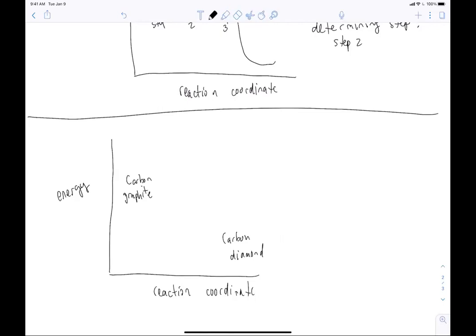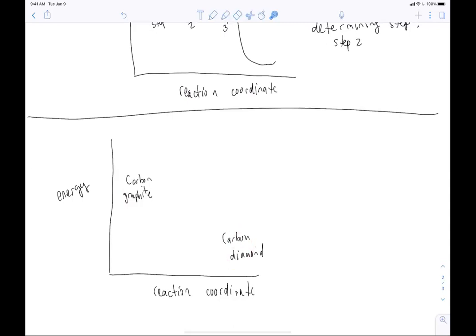Diamond is very hard, and it's a very stable thing. In addition to using them in jewelry, they use them on the tips of saws and stuff like that because they're so strong and can get them really sharp. Whereas carbon in graphite form, we use it to write on paper. It's not nearly as stable. The bonds are not as strong.